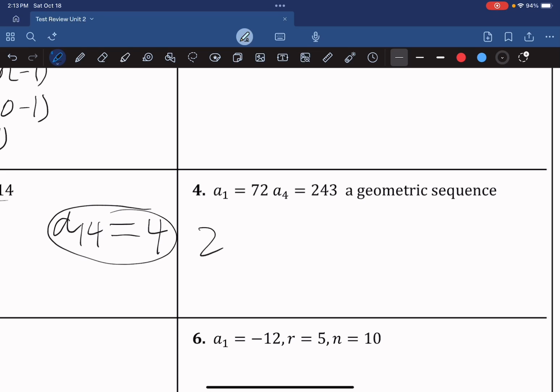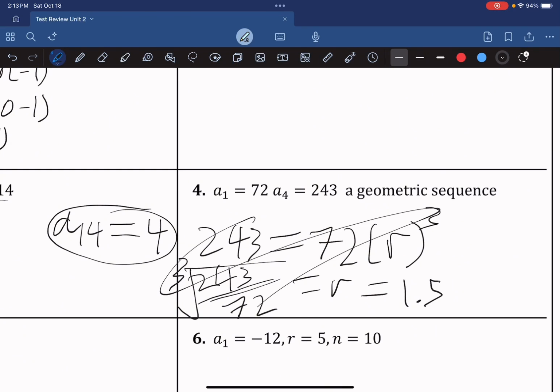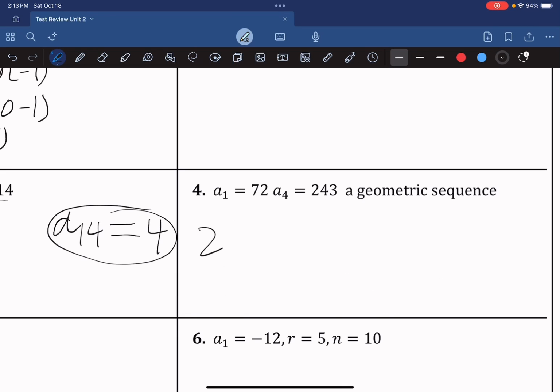We can just do 243, which is a of 4, equals 72, which is your a of 1, times r to the third, because 4 minus 1 is 3. So then you would do 243 over 72 to the cubed root, right? Equals r. And if you do all of that, you should get 1.5. So r equals 1.5.